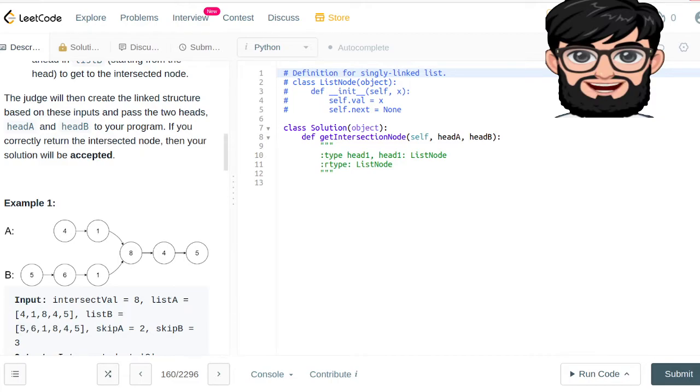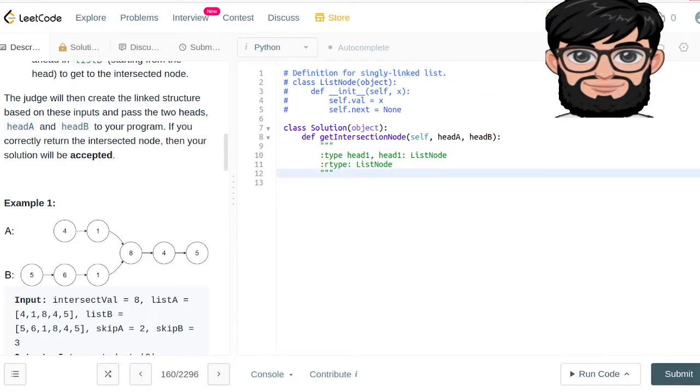So there will be a point where both get iterated in a way that they will intersect, and both of the pointers are going to be pointing to the same node sooner or later. That's the kind of algorithm we're going to be using.